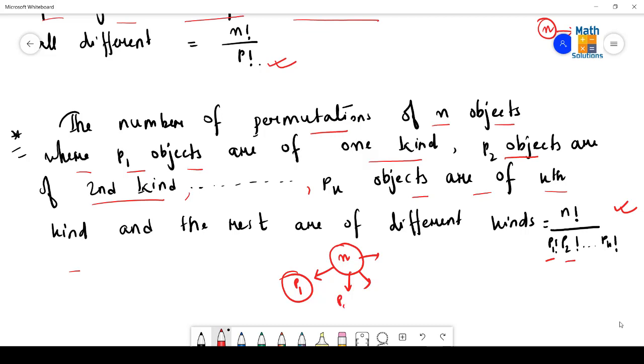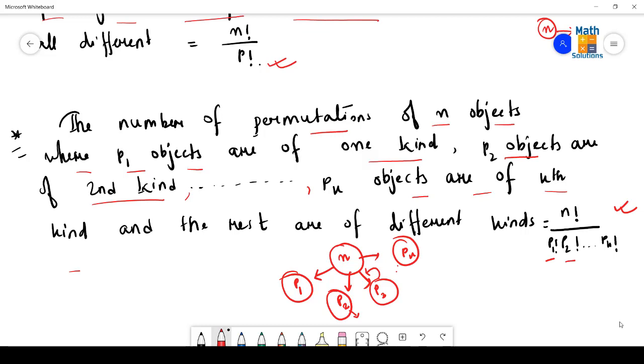Similarly there is another kind of objects which belong to the same category, and there are p2 number of objects. Similarly we are finding p3 number of objects which are having same characteristics and belonging to the same group. Similarly this is an extension up to pk number of objects which is also of same kind.